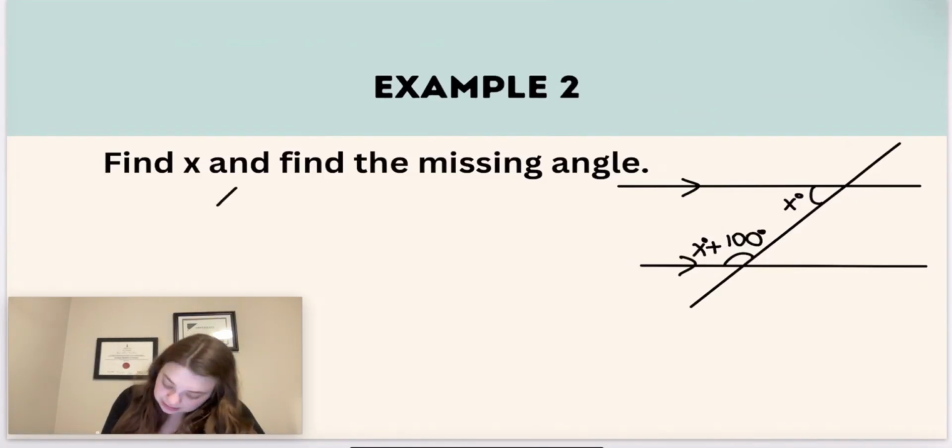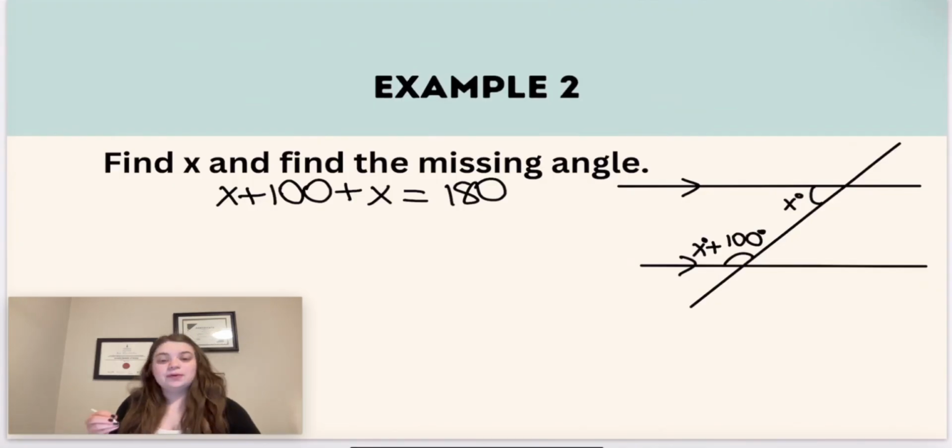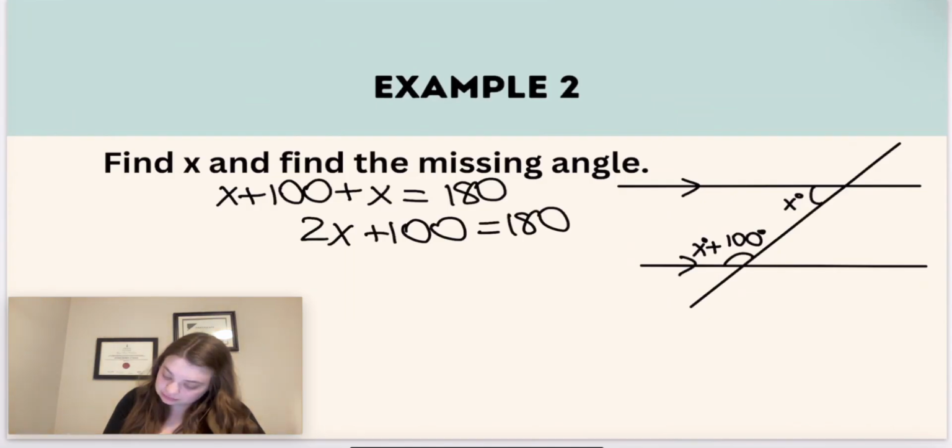So x plus 100, which is this one, plus x, which is this one, must equal 180 degrees. So then I'm going to simplify the left. x plus x is 2x, so we get that 2x plus 100 is 180.